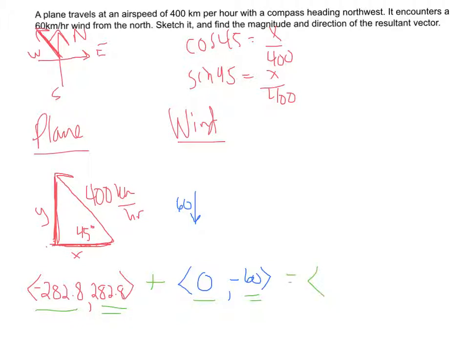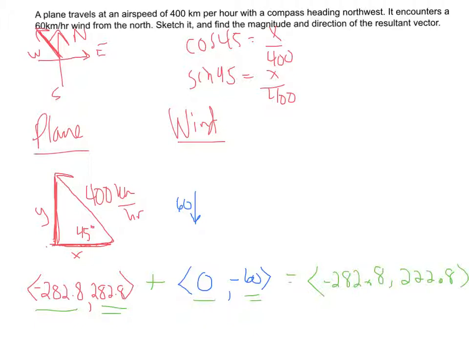So we get negative 282.8 plus 0 is negative 282.8. And positive 282.8 plus negative 60 is 222.8. So our resultant vector is negative 282.8 and 222.8 for the x and y components of that resultant vector.